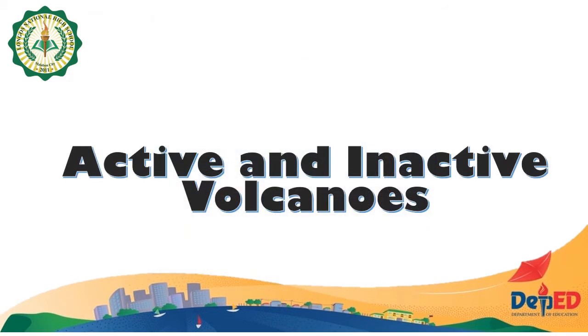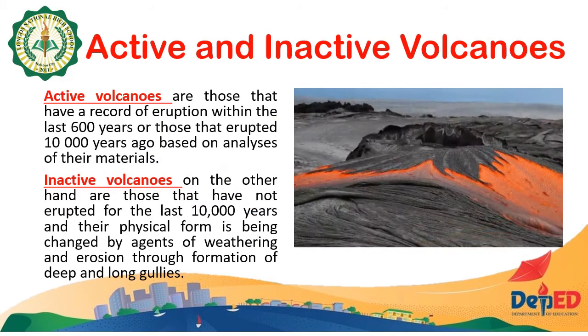What are active and inactive volcanoes? What is the difference between them? Active volcanoes are those that have a record of eruption within the last 600 years, or those that erupted within the last 10,000 years based on analysis of their materials.